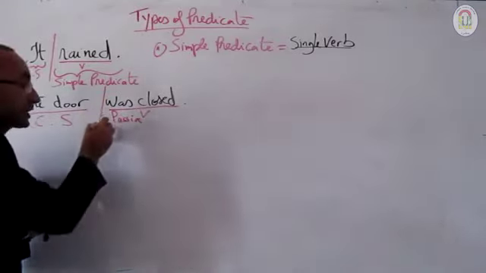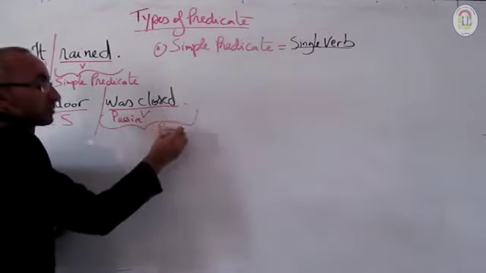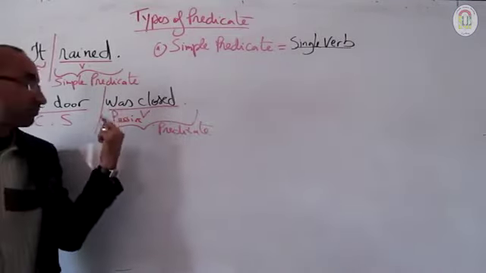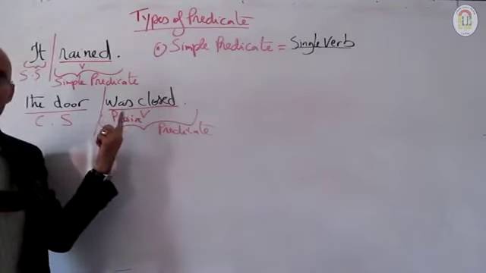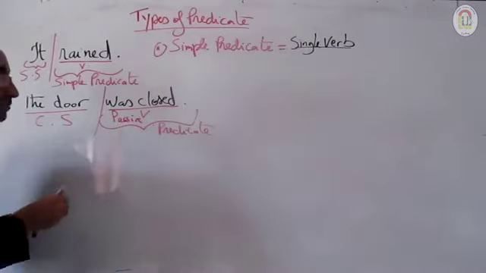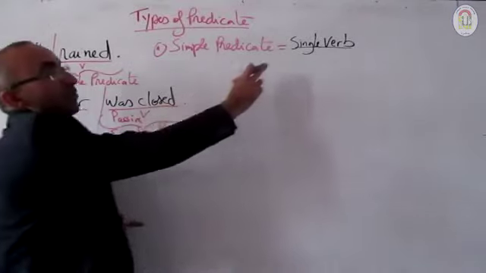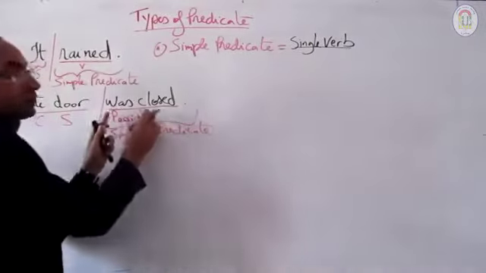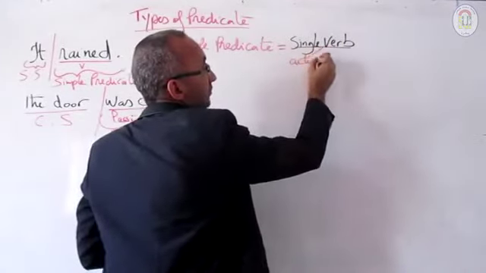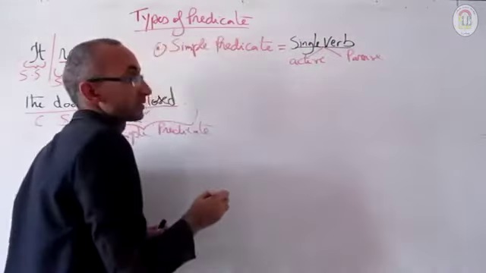Now this passive verb, all of it, represents my predicate. But as it is only one single verb, to close, in the passive voice, it remains always simple predicate. Why? It's always one single verb, whether active or passive, clear?